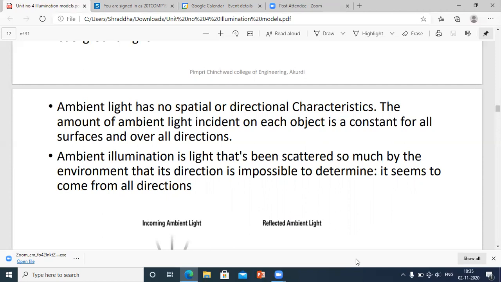Ambient illumination is light that has been scattered so much by the environment that its direction is impossible to determine. Background light is scattered in the environment, so it is impossible to determine exactly from which direction it is coming. It seems to come from all directions.